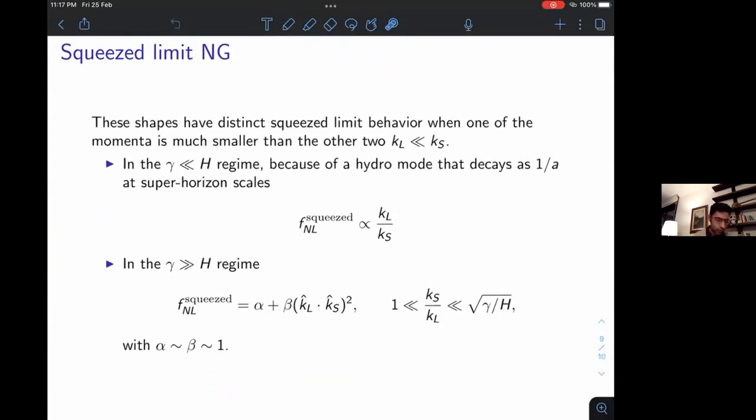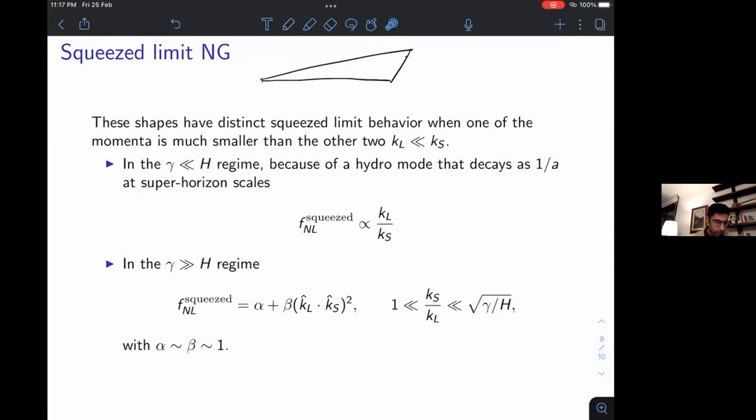For those who are familiar with the squeezed limit of these 3-point functions, because of conservation of momentum, the momenta form a triangle, and in the squeezed limit we have behaviors that generally distinguish between different models of inflation. Now in this model, there are several regimes where one can get very distinct features in the squeezed limit.